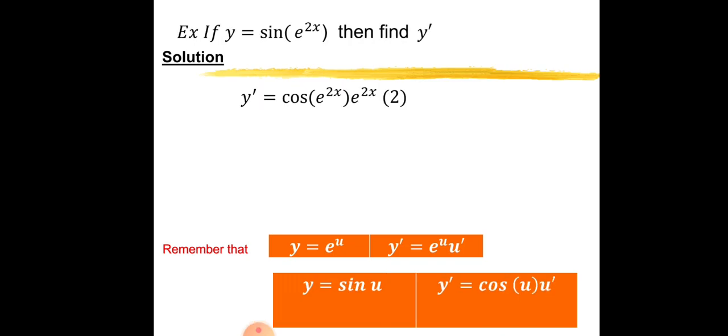So y prime equals cosine e to the power 2x according to the table of derivatives, times the derivative of what is inside. The derivative of e to the power 2x is e to the power 2x times the derivative of the power, which is 2. So y prime can be written as 2 e to the power 2x cosine e to the power 2x.